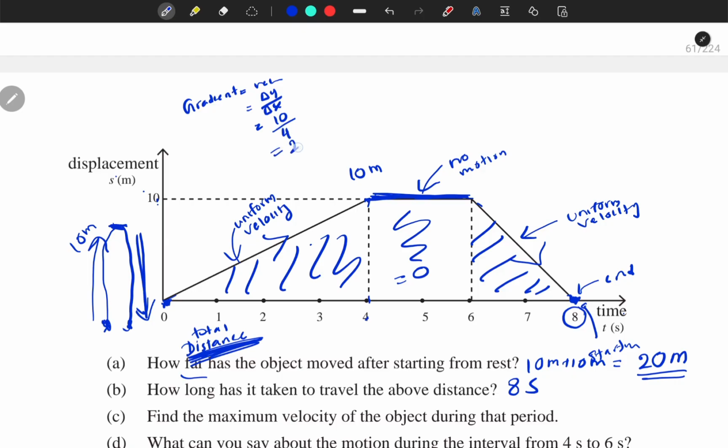Then 2.5, right? 5 over 2. Yeah, 2.5 meters per second. Sorry, it's velocity, no? Yeah, this is the velocity here. Here it's 0, here it's 0 meters per second because there is no motion. If we find the velocity here, again write gradient equals y difference over x difference, which is the velocity, and what is the y difference here?